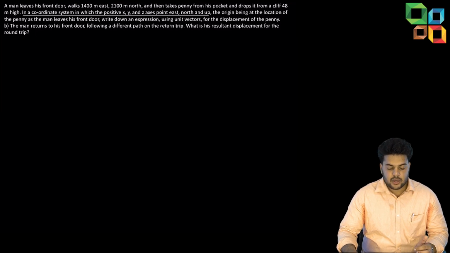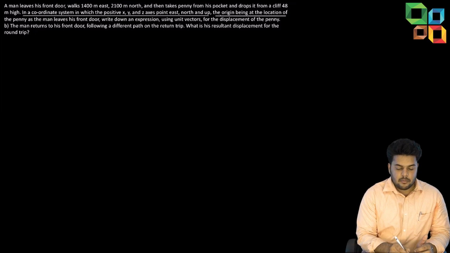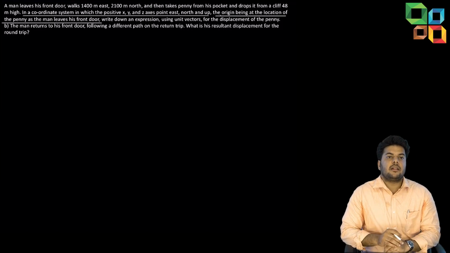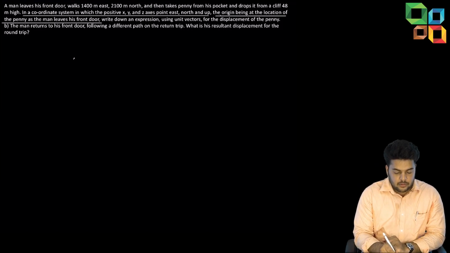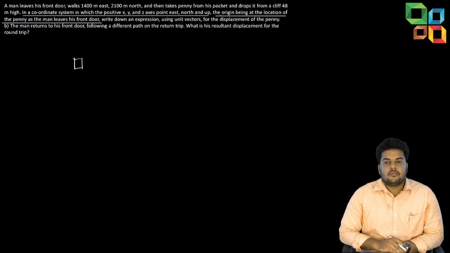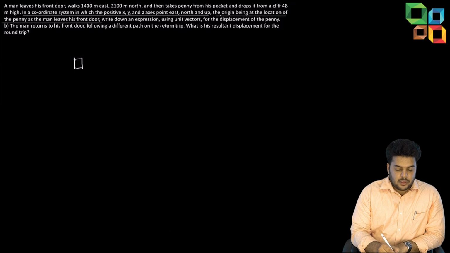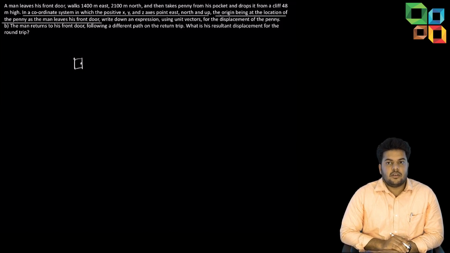The origin being at the location of the penny as the man leaves his front door. So all of this has to be calculated from the front door of the man. So let me just draw the front door. Okay, that's the front door. Let's put a knob there. So that's the origin.